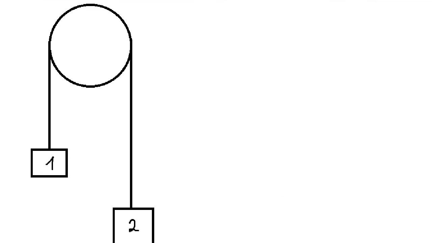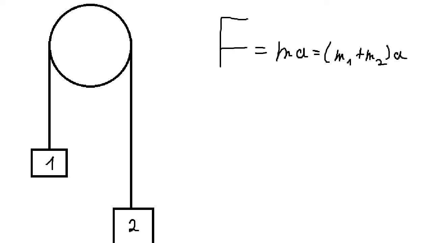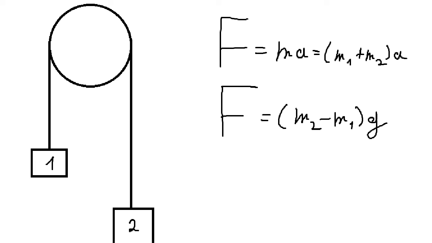What we can do next is we can work with the entire system, defining the force for it, and saying that the mass of the entire system is the sum of masses of those two particles. Next, you can say that this force is going to be equal to (m2 minus m1)g, as that was pretty evident, and you can represent acceleration in terms of m2, m1, and g.